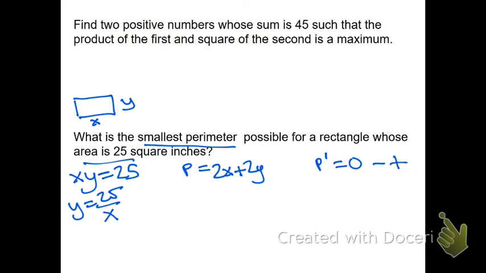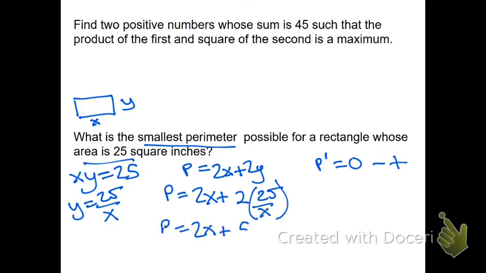Let me see. Replace the y with 25 over x. It's just like the other one we did. So we get 2x plus 50x to the negative 1. Do the derivative. 2 minus 50x to the negative 2. Set it equal to 0. Move the 50 over.